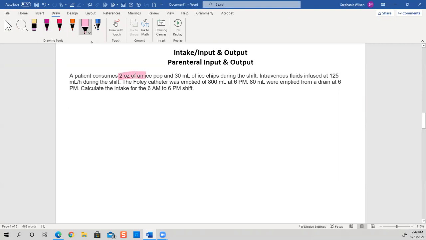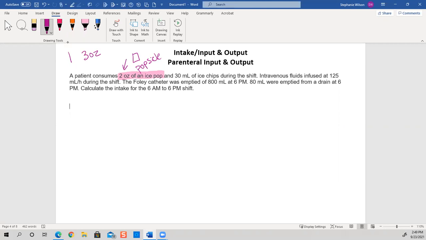ounces of ice pop. In this case, this ice pop is considered a popsicle. A little helpful hint: every 1 popsicle is 3 ounces. Of course, they have already measured it out because it's in a container, so we're not going to need the 3 ounces for this part.